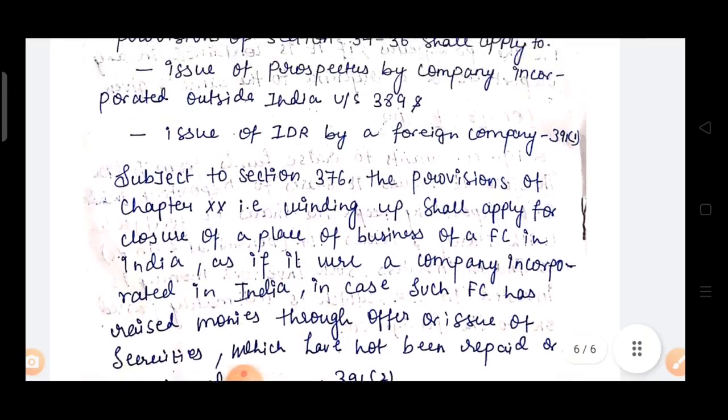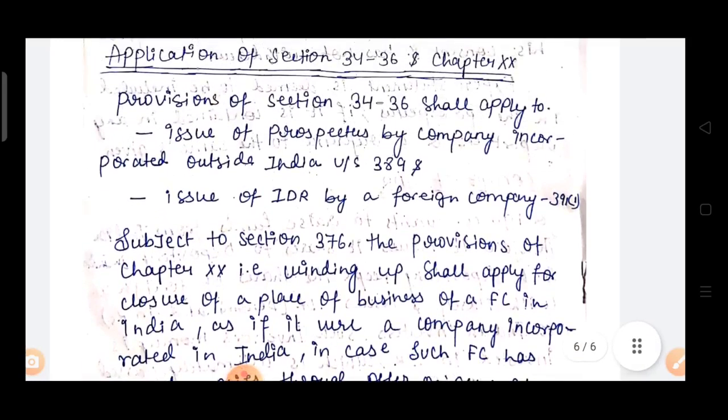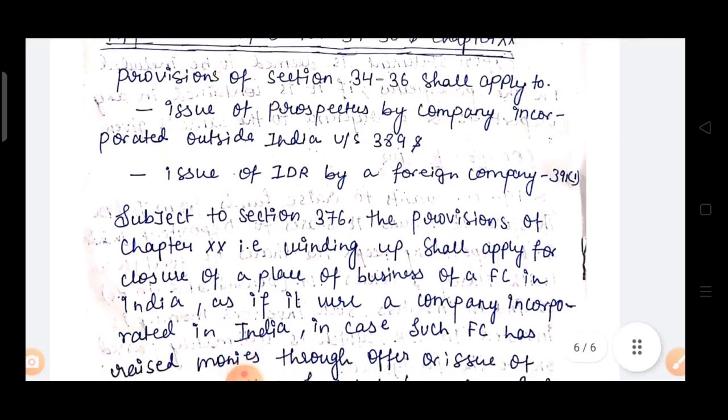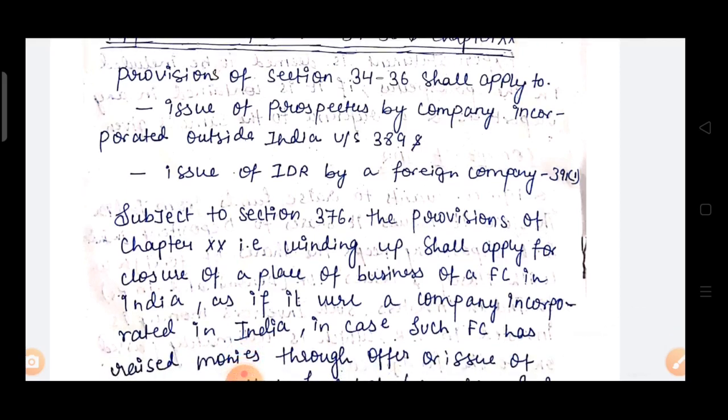Means they have given the reference to Companies Act provisions: the provisions of 34 to 36 regarding issue of prospectus will be applicable to companies incorporated outside India. Means if companies incorporated outside India issue a prospectus under section 389, then the provisions of 34 to 36 will be applicable, and it will also be applicable to the issue of IDR by a foreign company.